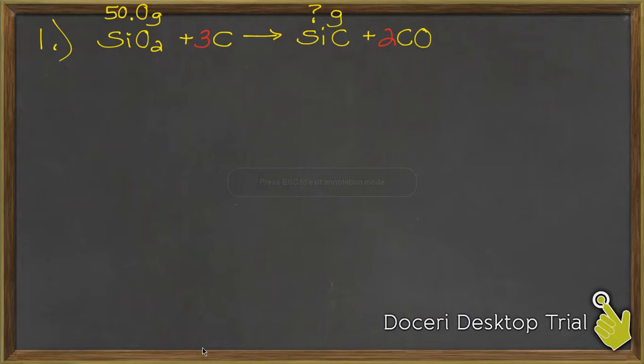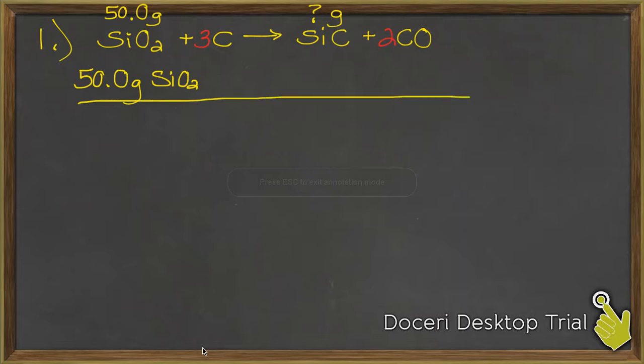Okay, so this is just a straightforward stoichiometry situation. 50 grams of silicon dioxide, and I'm going to convert that into grams of silicon carbide.